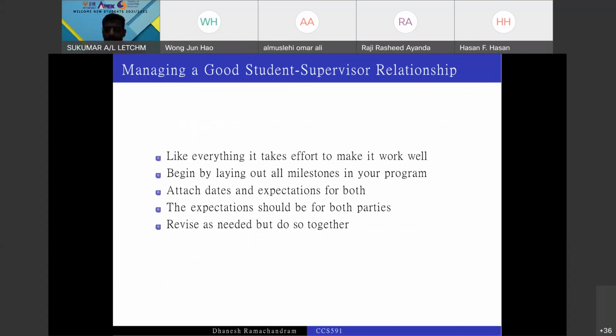Managing a good student-supervisor relationship is also very important. Like everything, it takes effort to make it work well. Your relationship when you start with the supervisor depends on how you maintain it. If your supervisor asks you, in another 2 weeks show me your progress report, but you don't send anything, that will take the relationship from 100% to 90%.